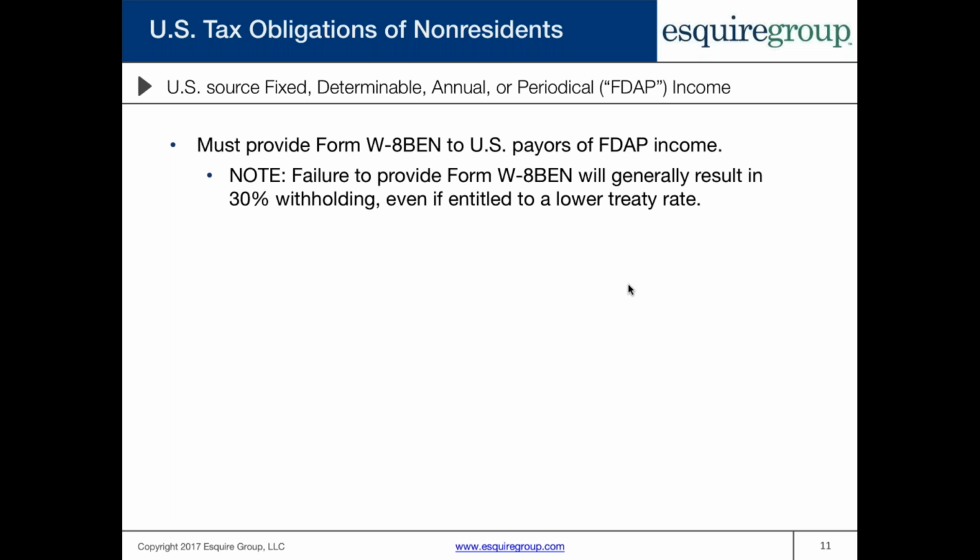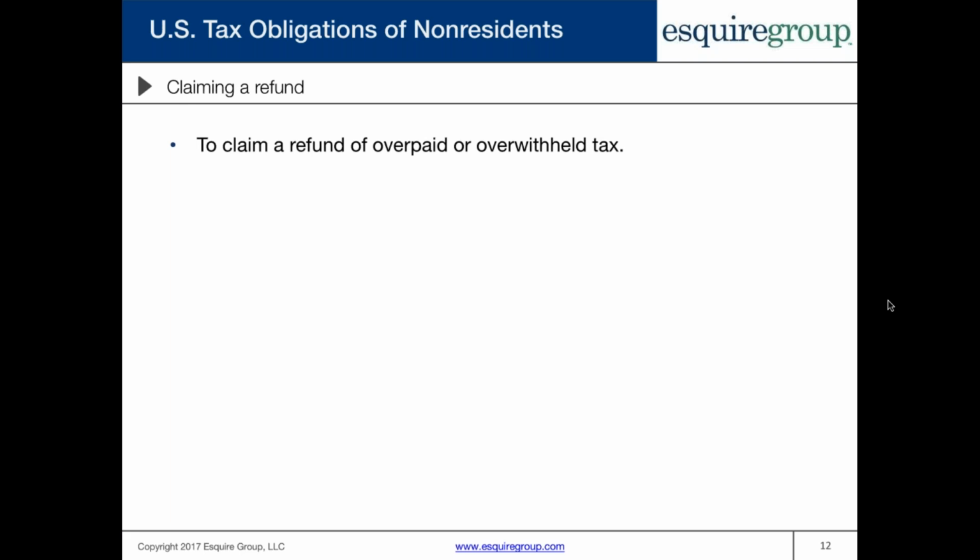Now, if that German resident had failed to provide a W-8BEN, then the default 30% withholding would have applied, which brings us to the next reason that a non-resident alien would be required to file a U.S. income tax return, and that would be to claim a refund of overpaid or over-withheld tax. So let's say that we're going back to the example of our German resident.